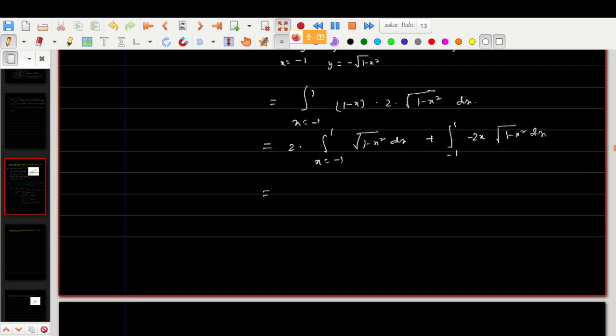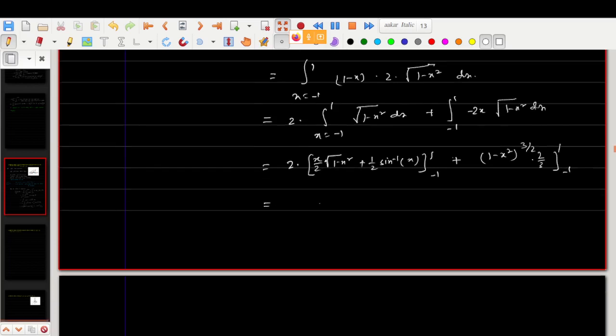So this is an odd function, and the range is symmetric, so this quantity will turn out to be 0. And the formula that you know, x by 2 root over 1 minus x square plus half sine inverse x from minus 1 to 1, plus this will be 1 minus x square whole power 3 by 2, times 2 by 3, from minus 1 to 1.